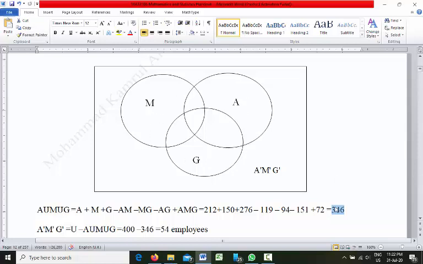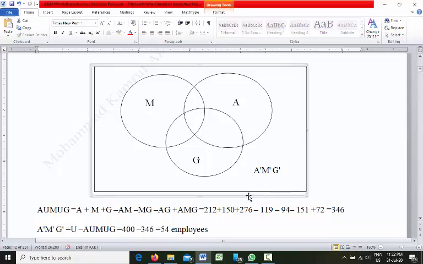We know the total number of employees is 400, which is the total area of the rectangle, and the three circles occupy 346. So A prime, M prime, G prime will be the remaining: 400 minus 346, which is 54 employees.